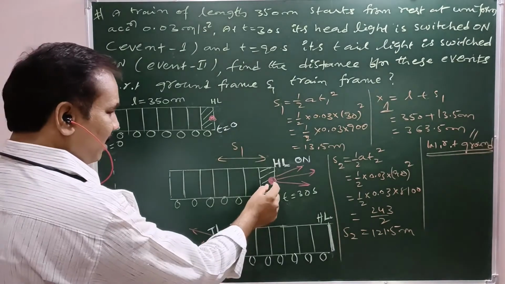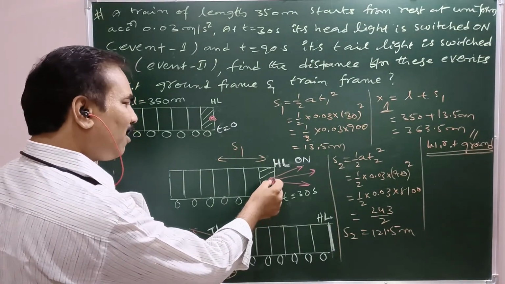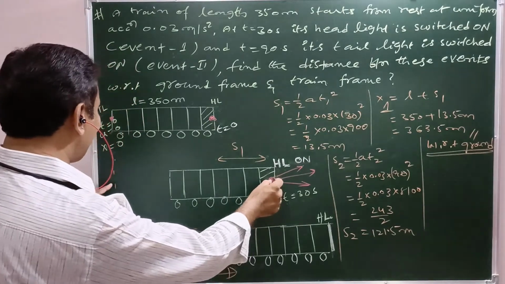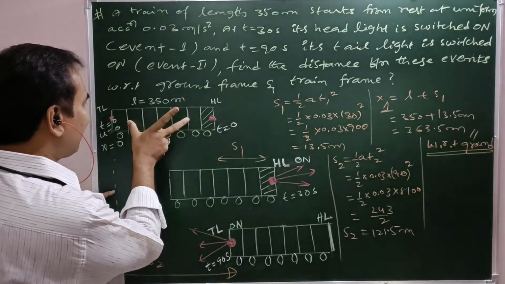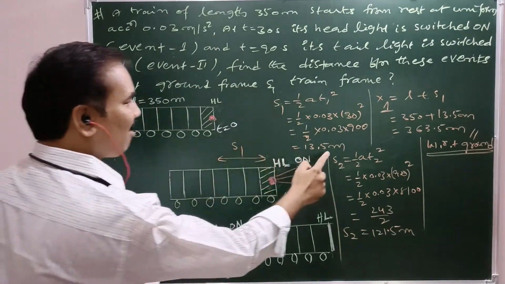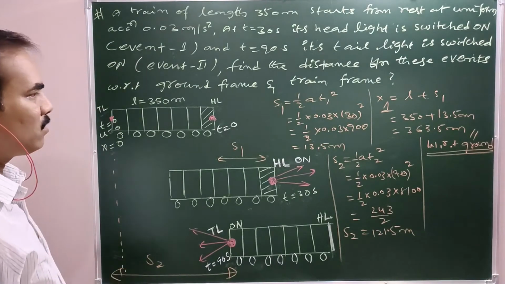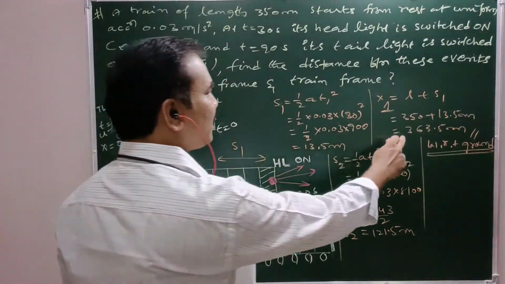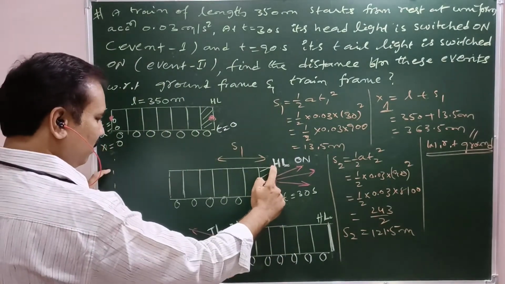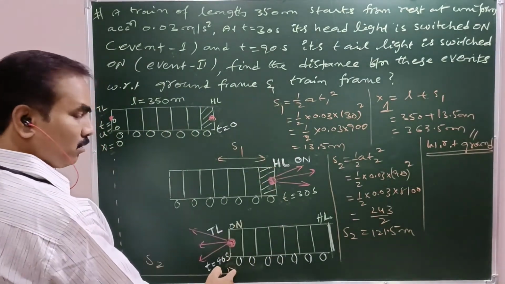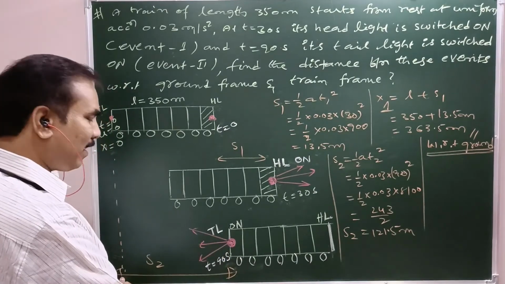See, this is the position of the headlight when it was on. Now what is the position coordinate? From here to there means 350, the length of the train, plus S1, which is 13.5. So x1 equals 363.5. This is x1. This is x2, the position coordinate of the tail light with respect to ground when it was on.